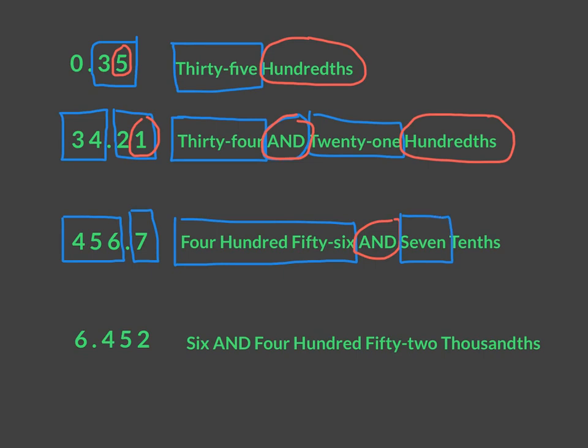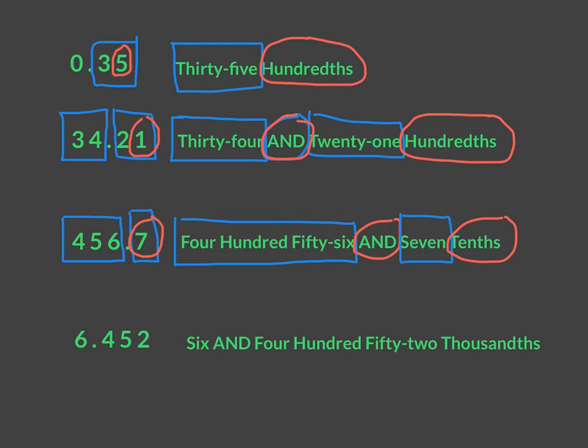And finally, identify the place value of the digit to the far right. The 7 is in the tenths place. 456.7 read properly is 456 and 7 tenths.